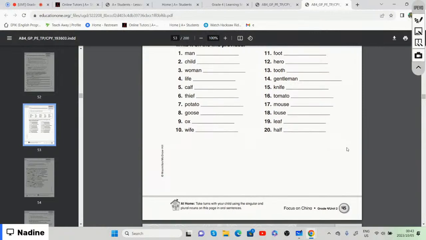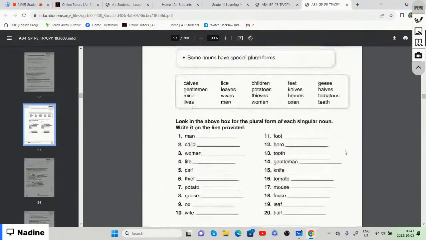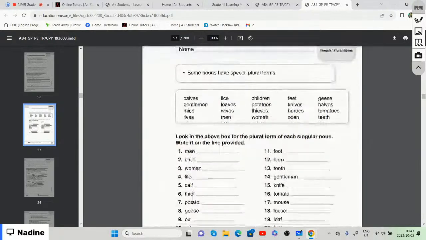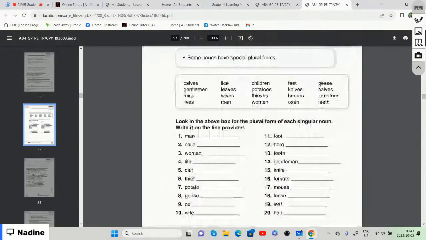All right, so once you are at page 45, we are now going to write down the plural forms of the words. Here they're saying that some nouns have special plural forms. And remember, special plural forms specifically means there is no rule that we must follow where we maybe just add an S or an ES. So it's sometimes where the whole wording changes. We're going to look at the words in the box, and then choose one of those words and write down the plural form next to each of the singular nouns.